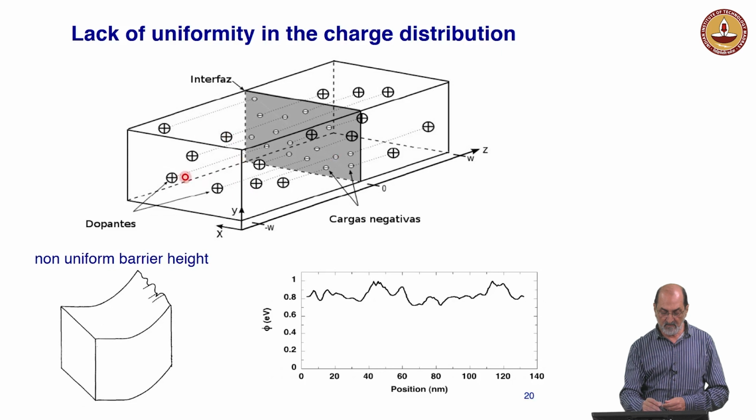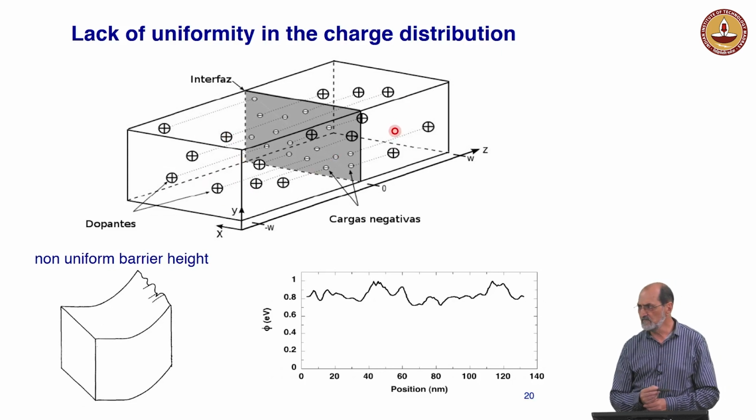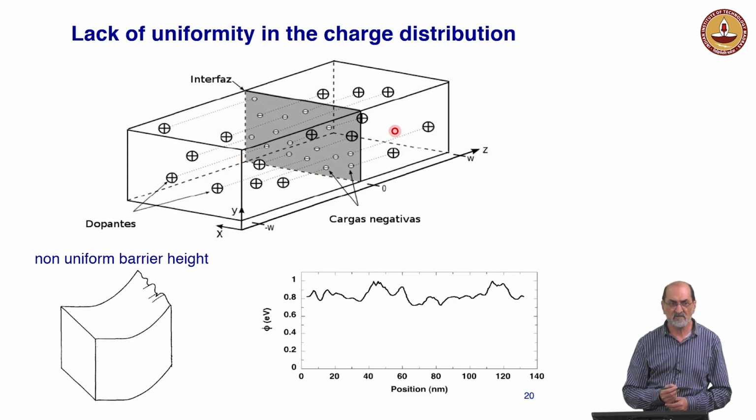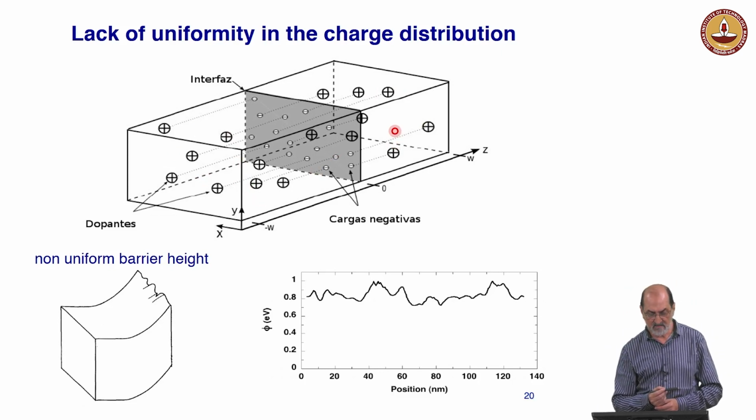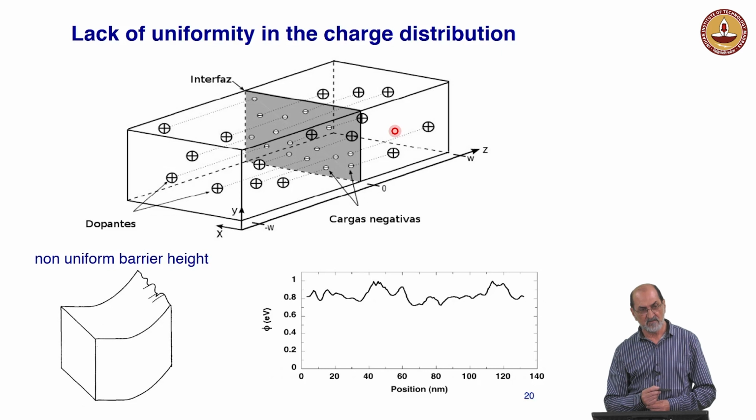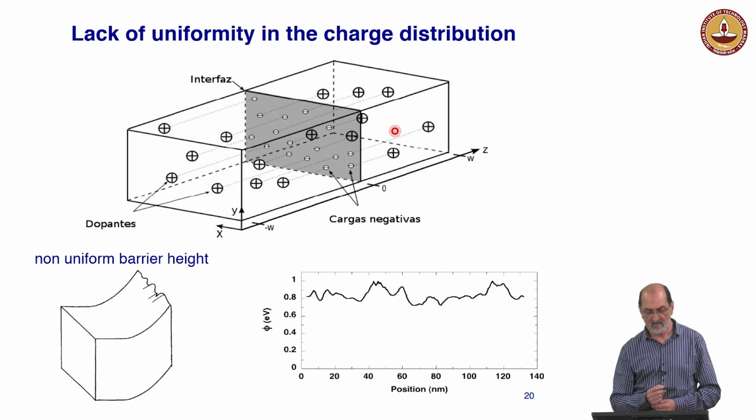So we put here dopants at random. We expect that oxygen vacancies are distributed at random on both sides, and the negative charge, since it can accommodate easily, we put it in places in line with the dopants. We follow here a previous paper, a very old paper, which is fine. Anyway, we check other possibilities and things don't change much.